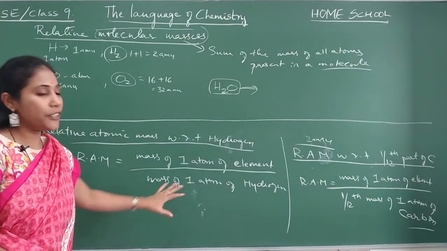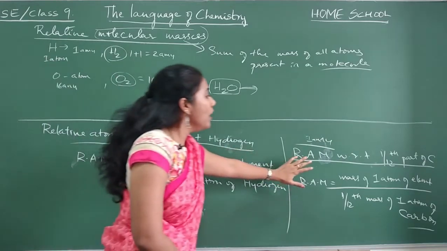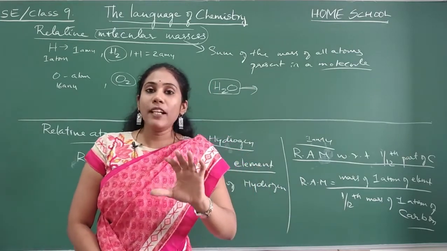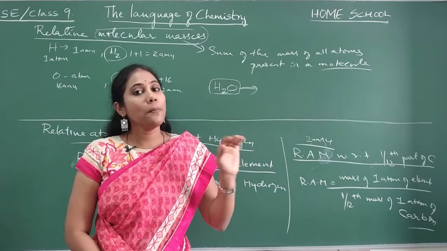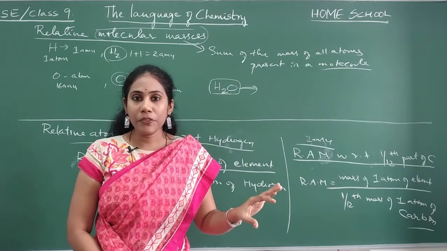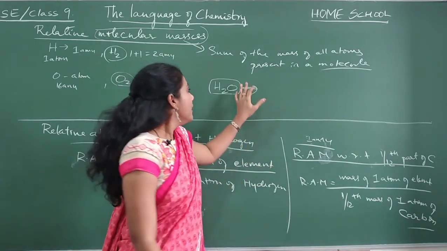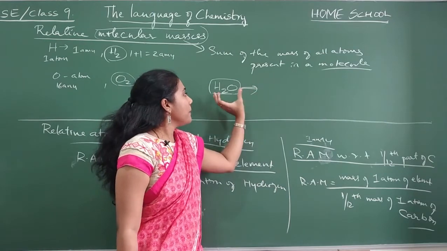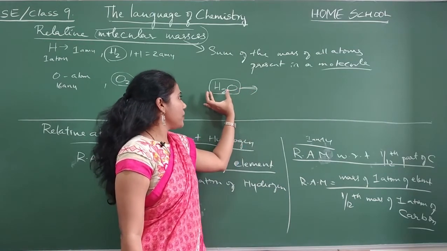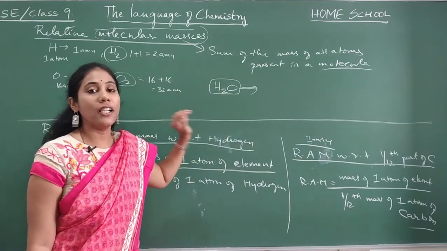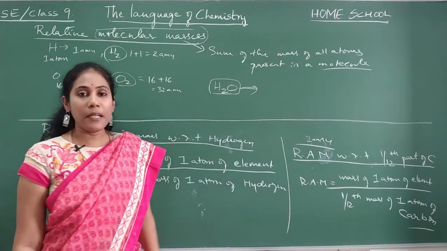They are called relative atomic mass, found mainly with respect to carbon. Every element's value has been put up in the periodic table. Then just do the addition of atomic masses of all atoms present in a molecule. Then that will be the molecular mass.